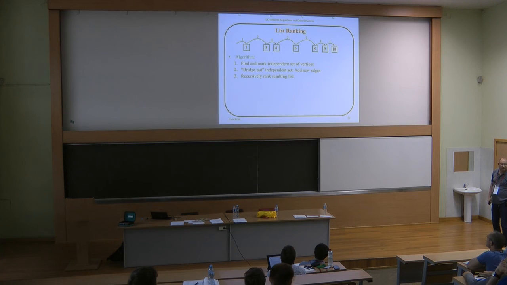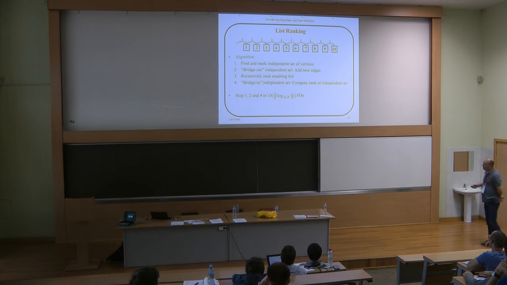That gives me this result: 1, 2, 3, 4, 5, 6, 7, 8, 9, 10. Then I'm going to bridge back in the independent set. If you have seen parallel algorithms, you know exactly what I'm doing, right? If you haven't, you're learning.